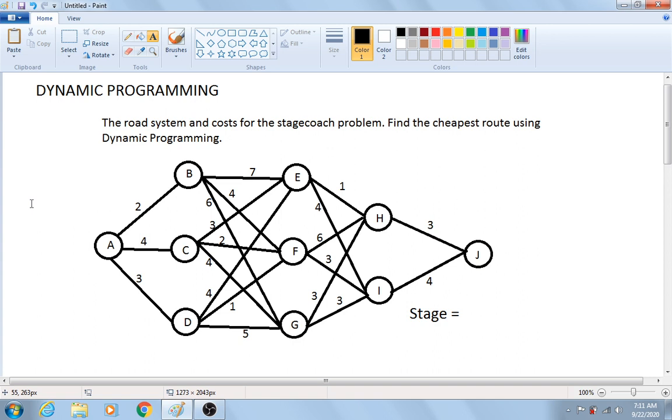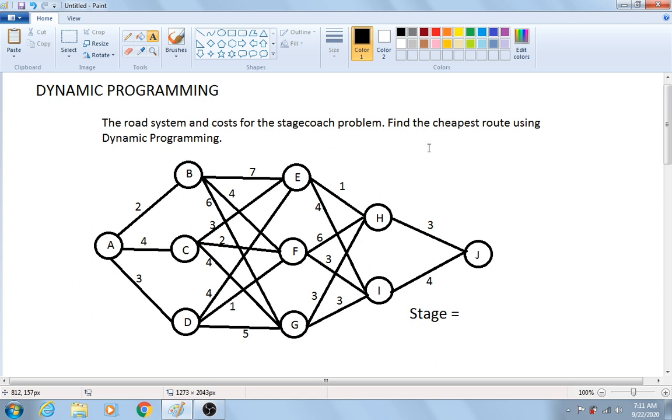In order to explain this stage, I will use this example. Here we have a road system, and we know the cost of following a road. For example, for going from A to B, the cost is 2, and for going from B to E, the cost is 7. Our objective is to find the cheapest route using dynamic programming.